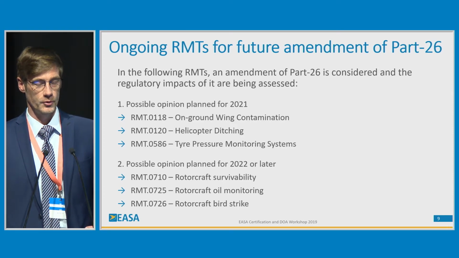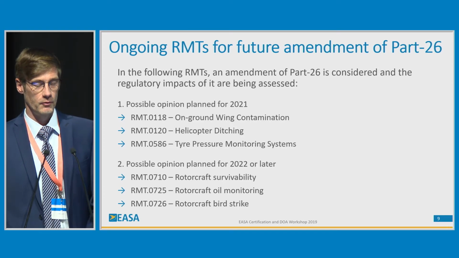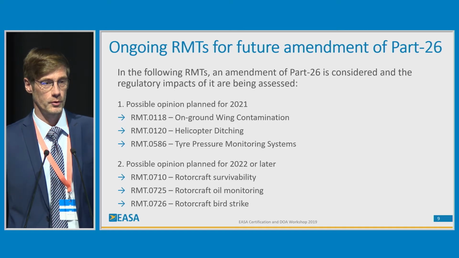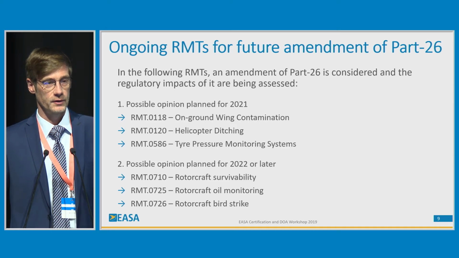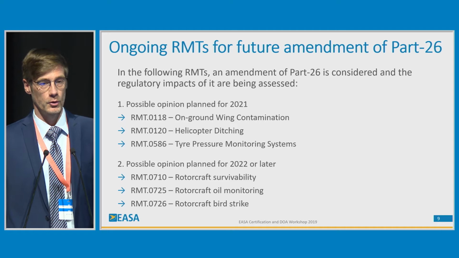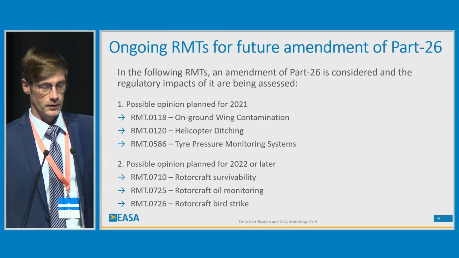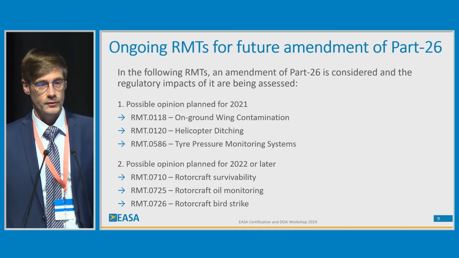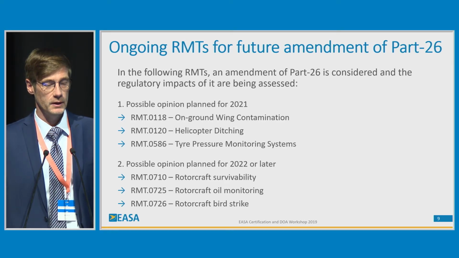So in addition to the CS-25 improvements, we'll very often have in the scope of the project also the assessment of whether it's necessary to also amend Part 26. And in the current program, we have this foreseen for 6 ongoing rulemaking tasks.